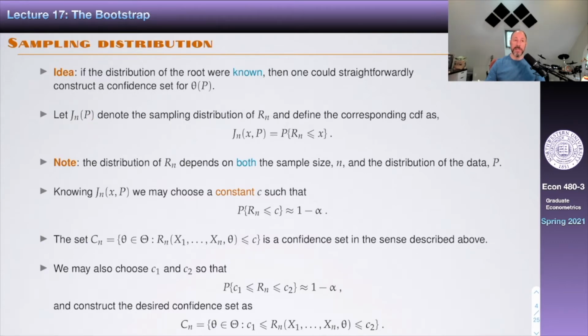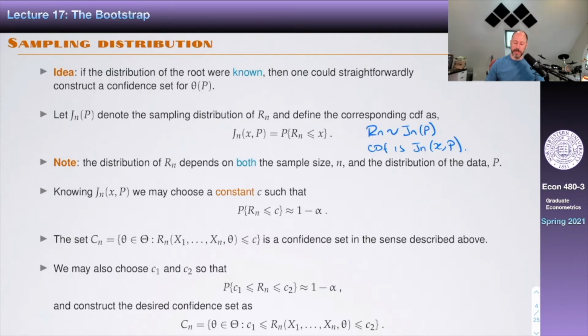And the CDF of this distribution, we're going to denote by J n of little x, P, which is the probability that R n is less than or equal to little x. We're going to say R n has distribution J n P, and the CDF is J n of x, P. This is what I want to be doing.